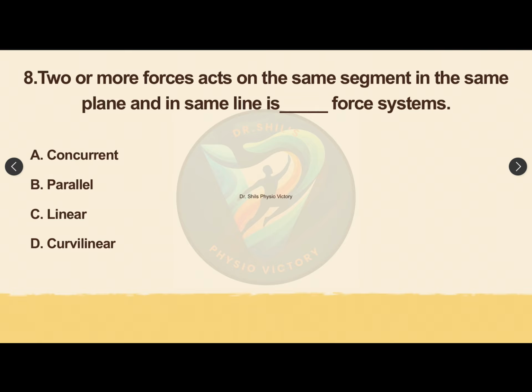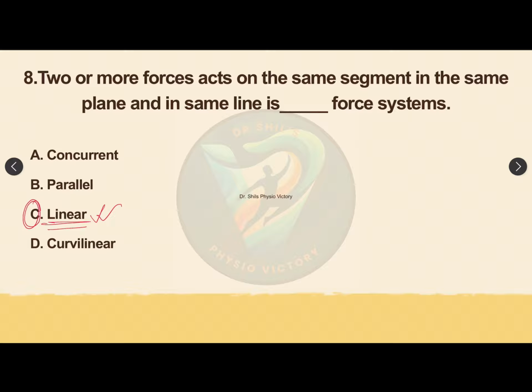Two or more forces acting on the same segment in the same plane and in the same line is dash force system. Option A concurrent force, option B parallel force, option C linear force, and option D curvilinear force. Here the correct answer is option C linear force.